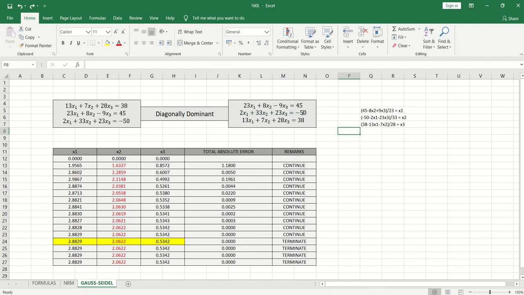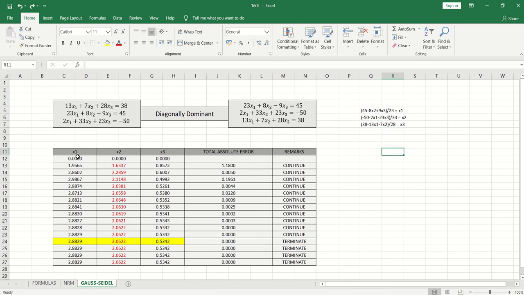It will be negative 50 minus 2x1 minus 23x3 over 33. That will be our x2. And for the last equation, x3 equals 38 minus 13x1 minus 7x2 over 28. So this will be our iterative formula.